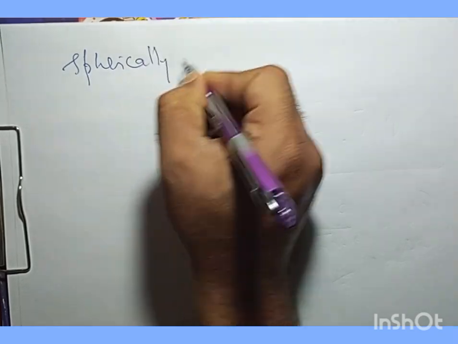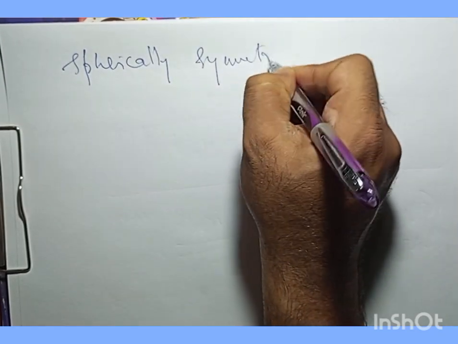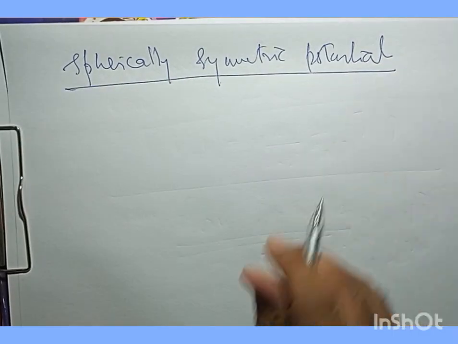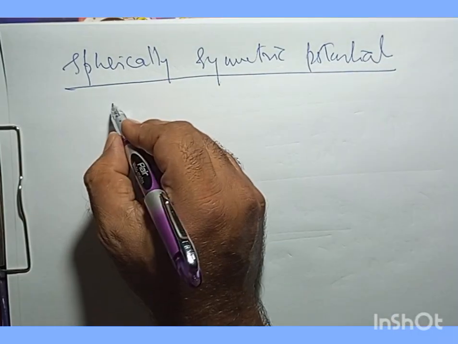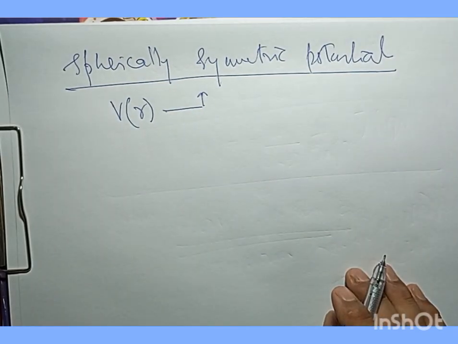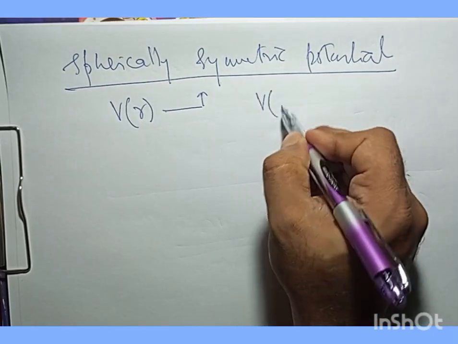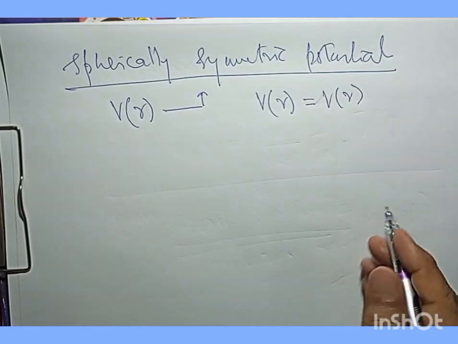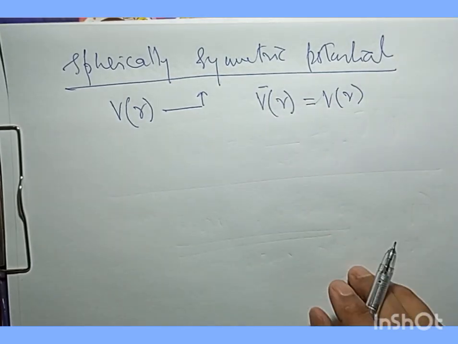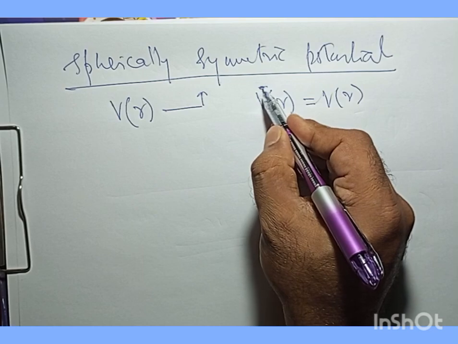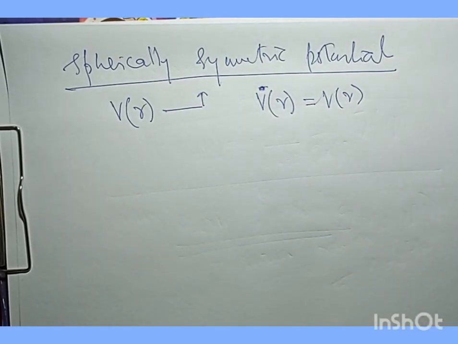If V of r is spherically symmetric, then the Fourier transform can be simplified using spherical coordinates.